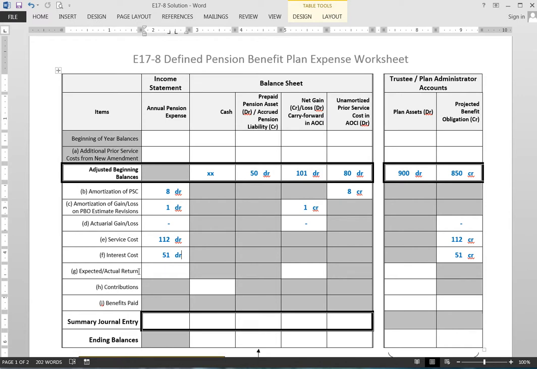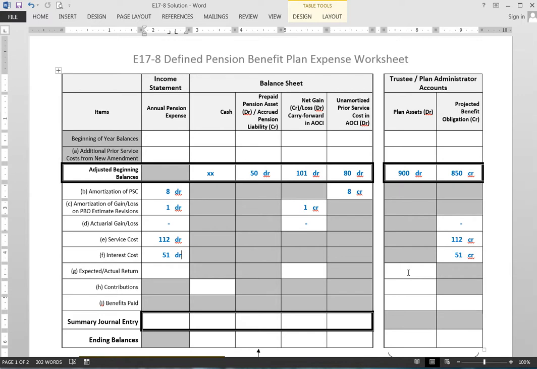And so they convinced the Financial Accounting Standards Board to allow firms to credit the pension expense account for the expected rate of return, and yet the plan assets are going to increase by the actual rate of return.